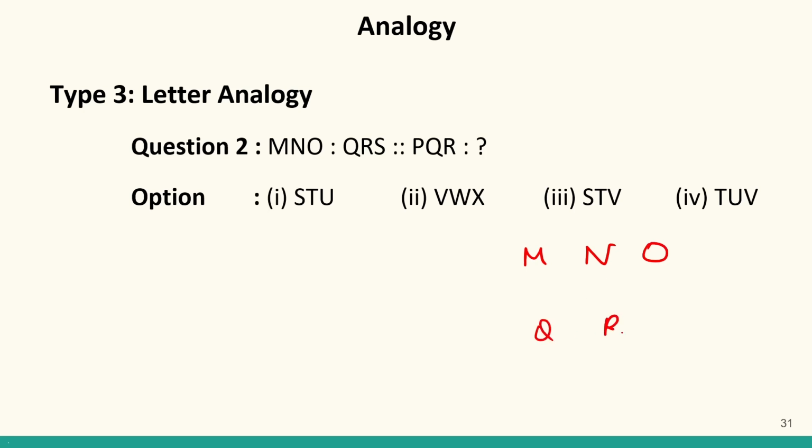MNO, we are going to QRS. So M is positioned at, I'm using forward ranks, M is positioned at 13, N is positioned at 14, and O is positioned at 15. We know this much. Q is positioned at 17, R is positioned at 18. Similarly, S is positioned at 19.